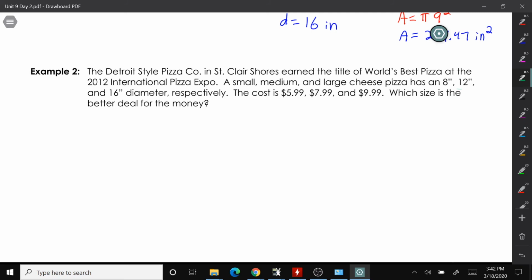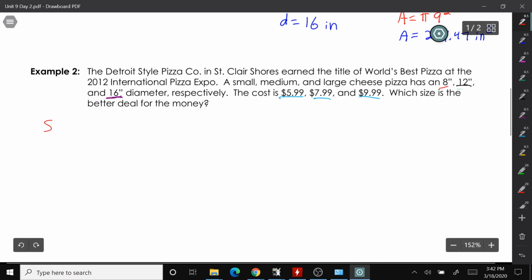Which size is a better deal for the money? So what we're going to do is find the area of all 3 of these pizzas, and then divide that with the cost to see which one gave us more area of pizza for the money.